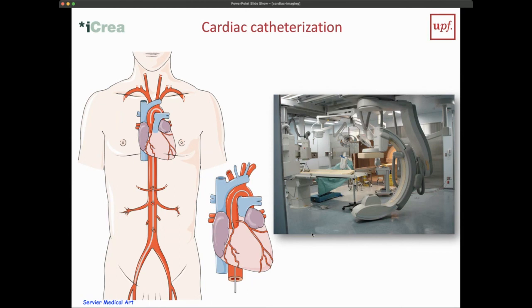So we really want to be able to inject contrast directly and only in the coronary arteries. And the way we do that is by using a very small plastic tube, a catheter, which is mostly brought in through the femoral artery. So in the groin of the patient, we make a little cut in the femoral artery, and then we advance a catheter all through the aorta, going through the arch of the aorta, and then coming back to just above the aortic valve.